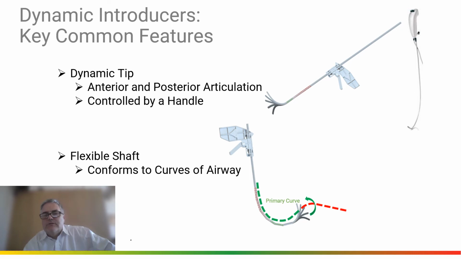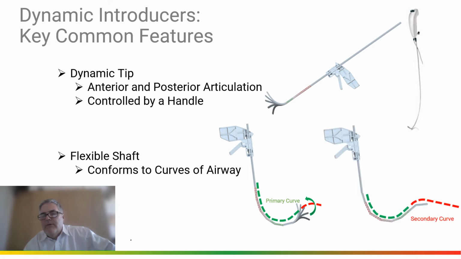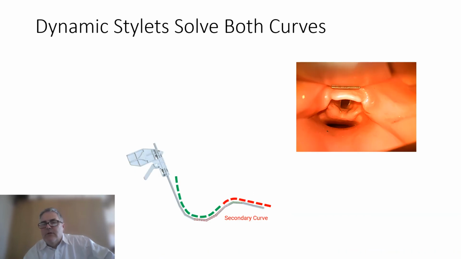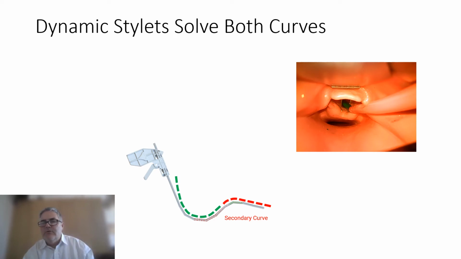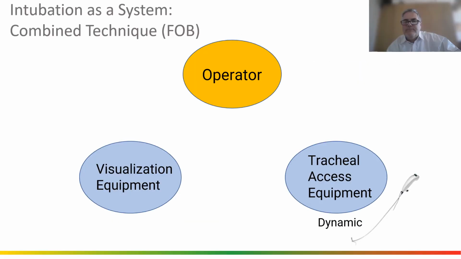Those features allow it to solve the primary curve by articulating up, then move through the inflection point, articulating down, and solve the secondary curve. What does that look like? Here's an airway mannequin, dynamic stylet up, primary curve solved, inflection point solved by moving the tip down, secondary curve solved, very smooth and easy to enter the trachea, precise navigation.